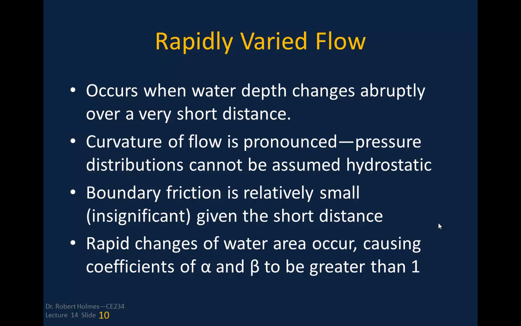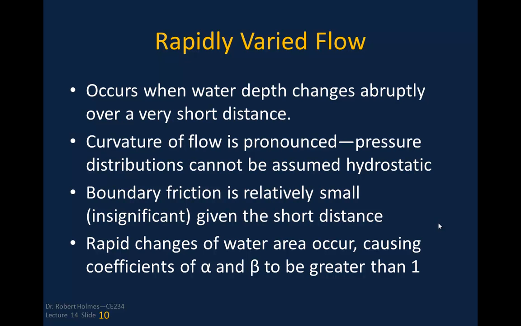So I'd planned on showing these problems in the next class period, but I'm going to delay. I'll give you lecture 15 first, and then have the problems the following lecture that have to do with rapidly varied flow, because they're not really going to make a lot of sense to you without the water surface profile lecture.